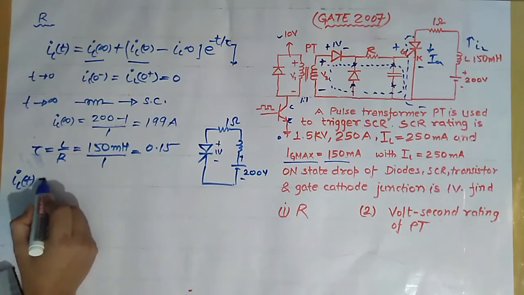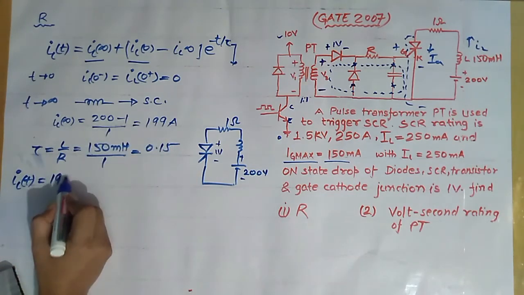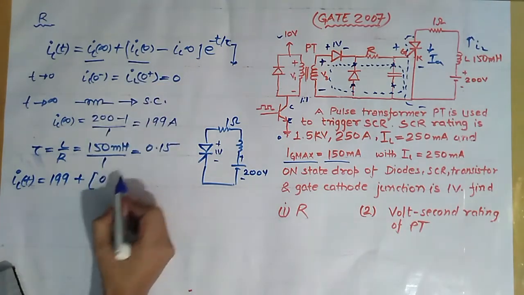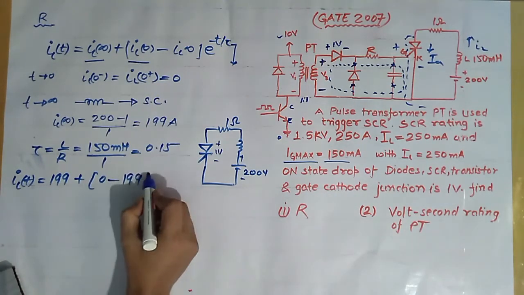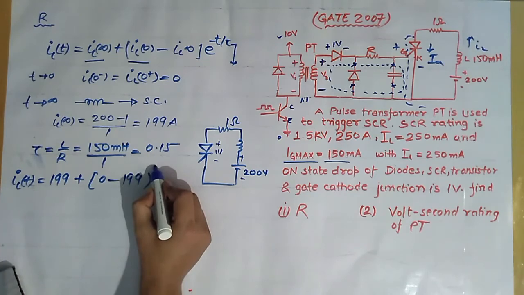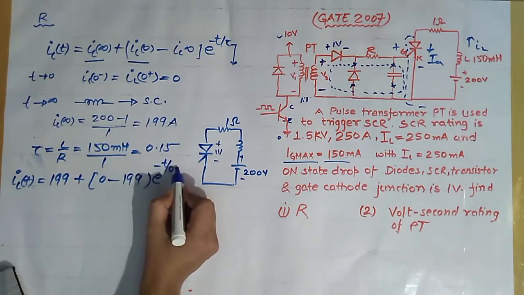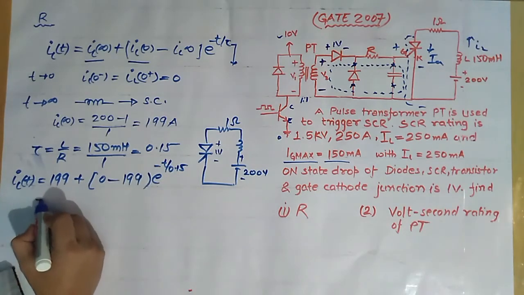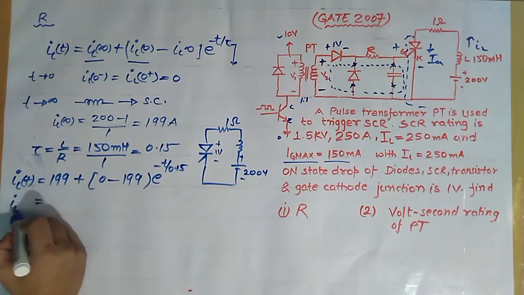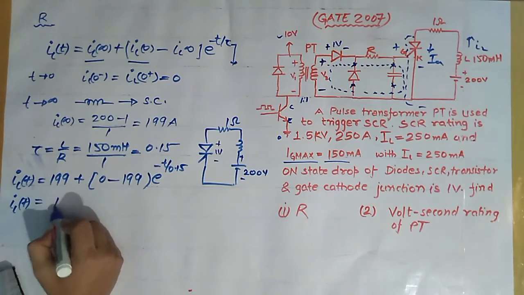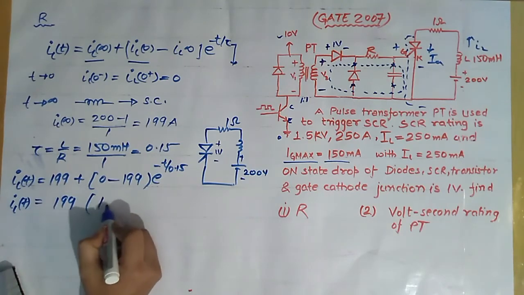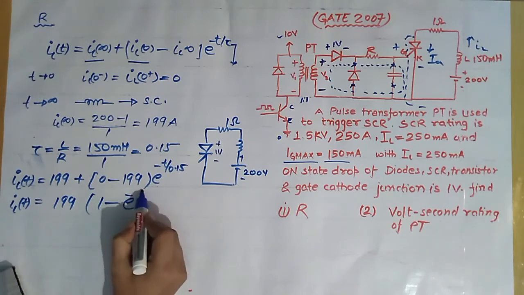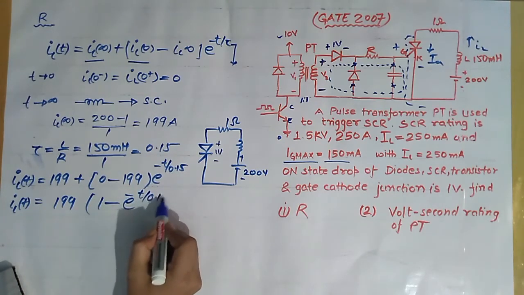ILT equals IL infinity, that is 199, plus (0 minus 199) e to the power minus t by tau, where tau is 0.15. Simplifying this equation we get 199 times (1 minus e to the power minus t by 0.15).